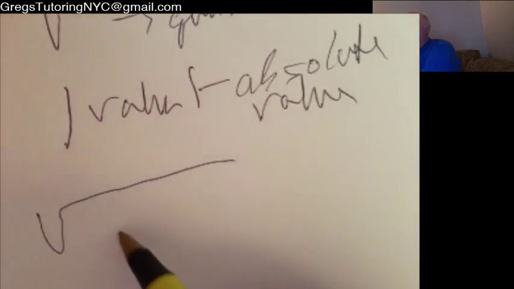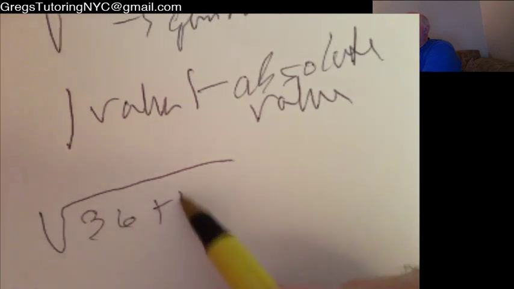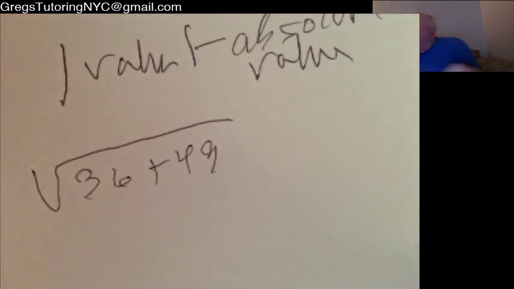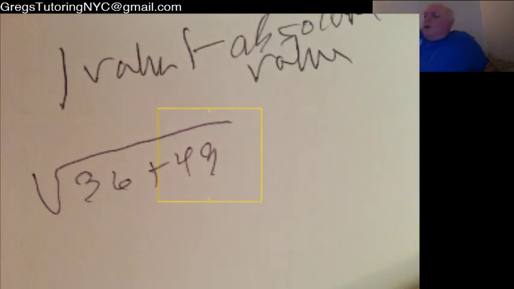If I have, for instance, the square root of 36 plus 49, a lot of kids can come up with this as part of the solution to some of the problems, but when you actually go to evaluate something like this, you do it wrong. So does anybody have any ideas what something like this might be?